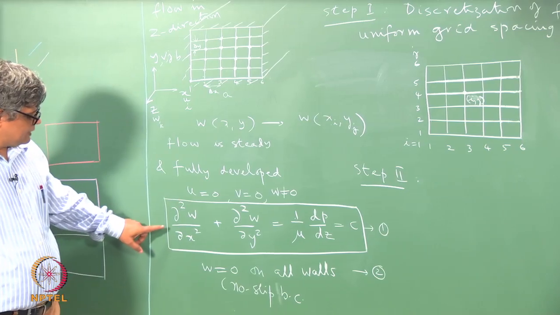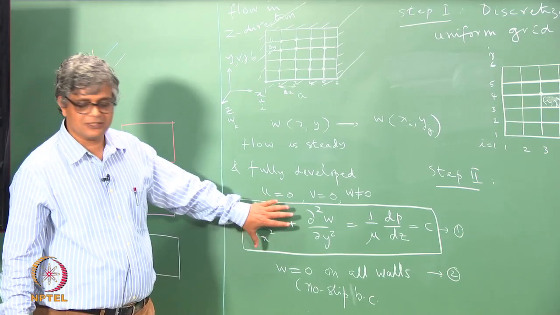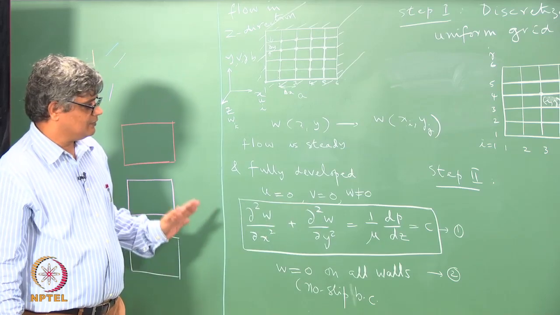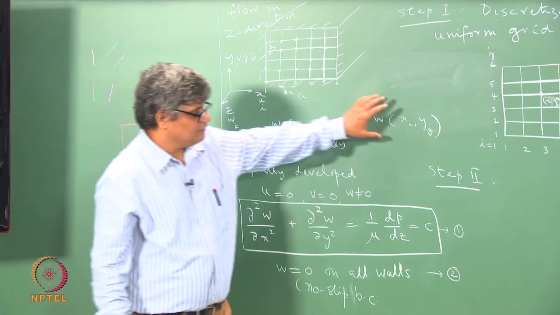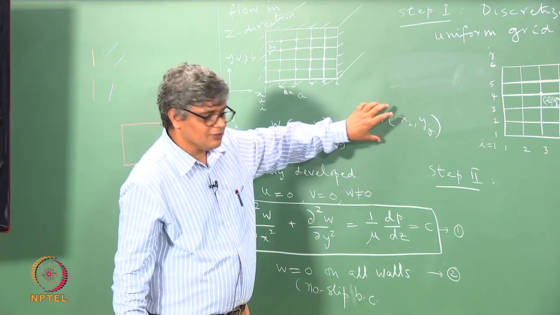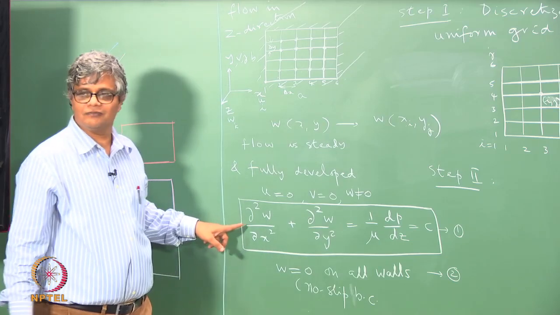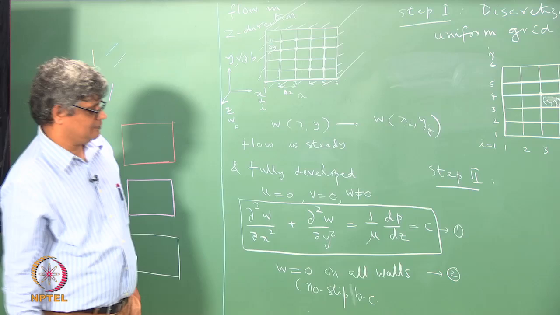And in step 2 we take this equation and then try to write approximate formulas for the derivatives here. And so, in step 2 we are making an approximation that we get these values at the grid nodes not by solving the exact equation, but by solving an approximate form of the equation.